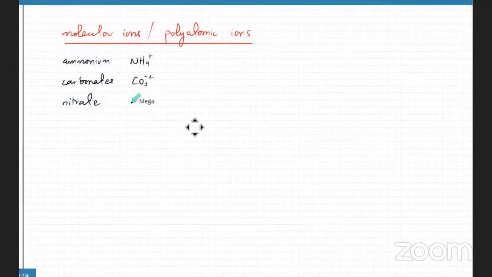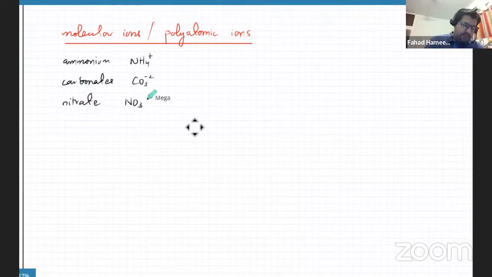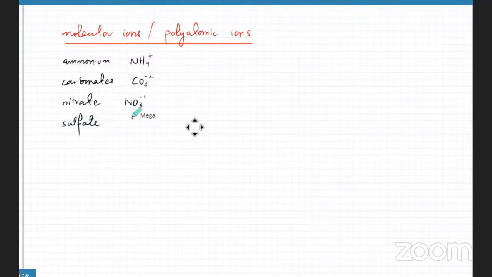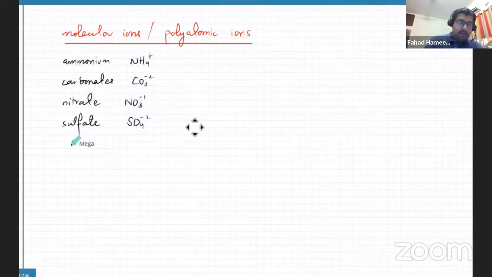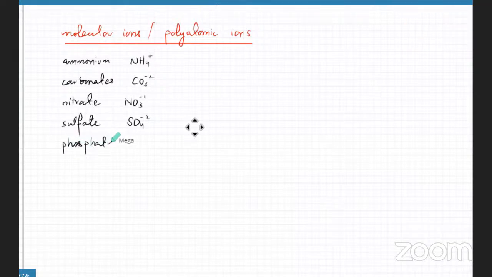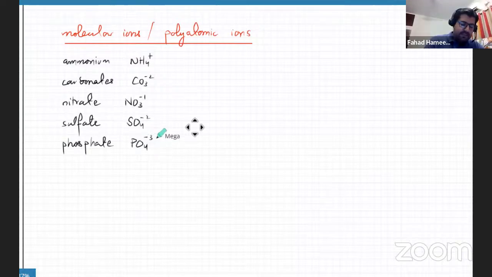NO3 minus, so it's NO3 with a charge of -1. Sulfate is SO4 -2. Phosphate is what? PO4 -3.